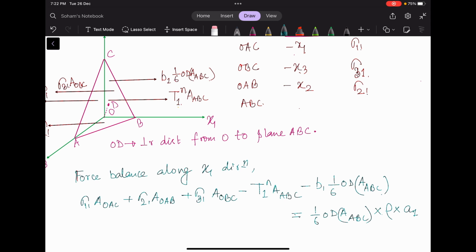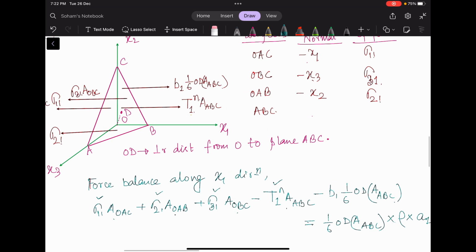Because here we have to derive a relation for this sigma 11, sigma 12, sigma 13 and so on. To derive that relation, we must know the relation between all these four areas.